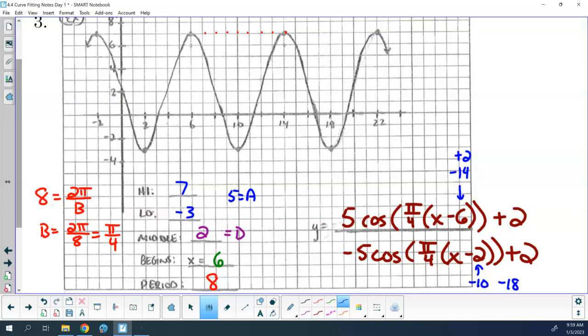Okay. Tomorrow, what we'll do is the back side of this worksheet that we gave you, where we give you a data set, and then we come up with a sinusoidal curve to go along with it, and then answer some questions about that. Okay? All right? So, for right now, what you need out for the formative is just a pencil.